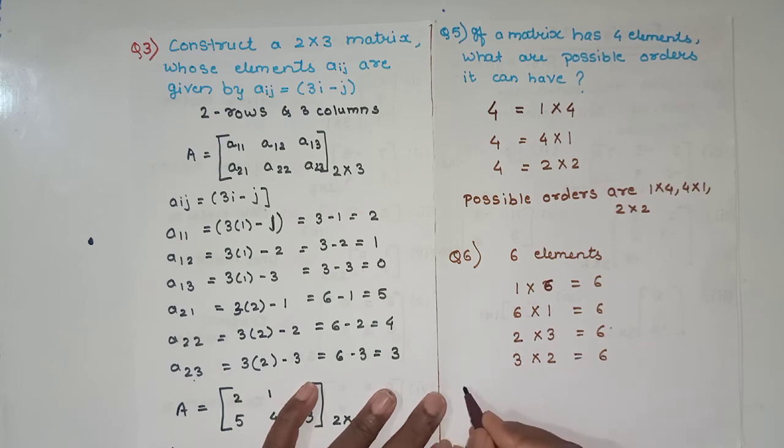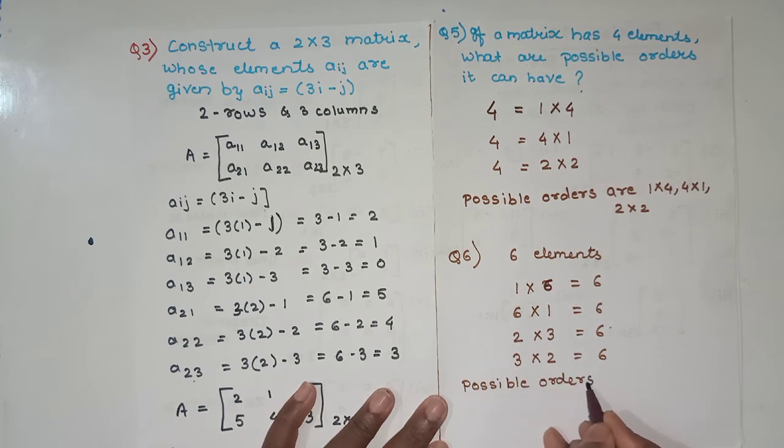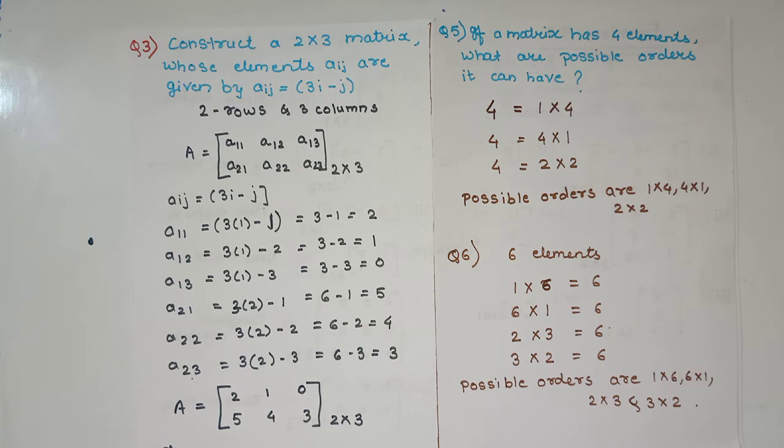So the possible orders are 1 by 6, 6 by 1, 2 by 3 and 3 by 2. These are the possible orders you can have.